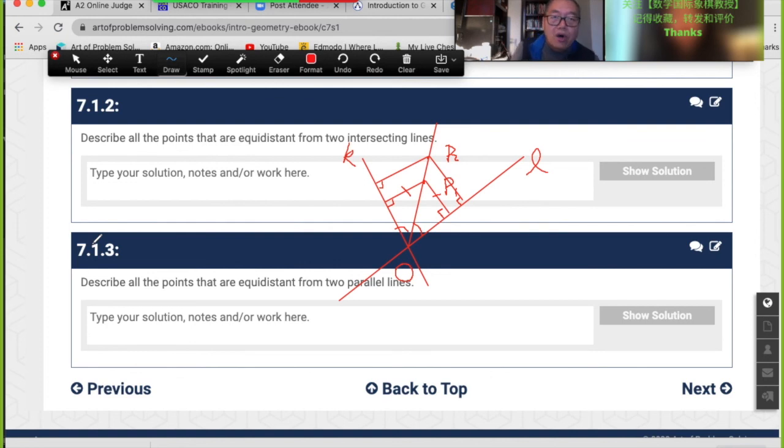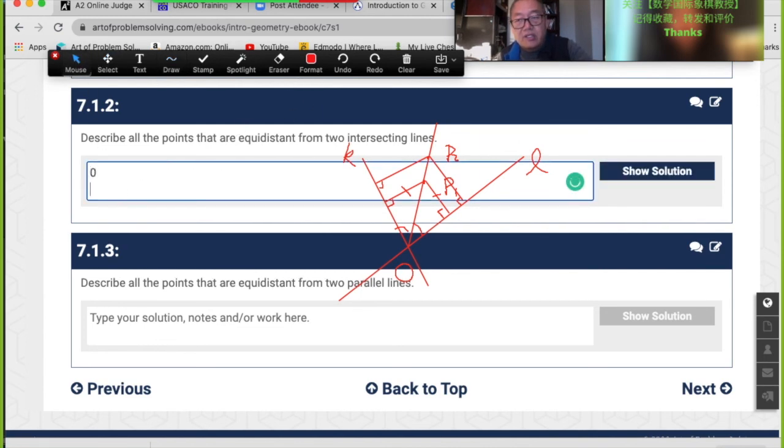So that means all these points should be on the angle bisector formed by these two intersecting lines. Okay? Yeah, that's exactly what they ask you. Now we can check how the book tells. Now let's check this.